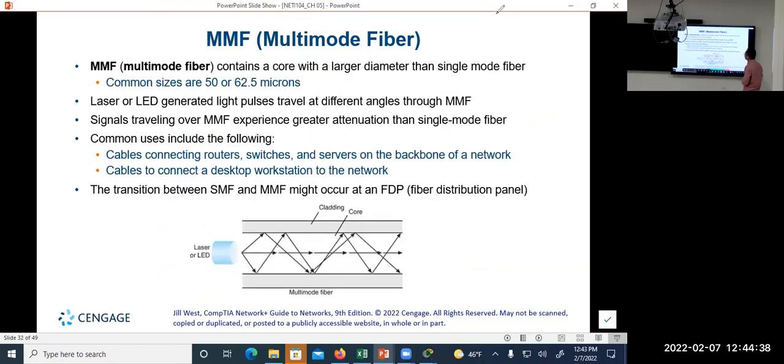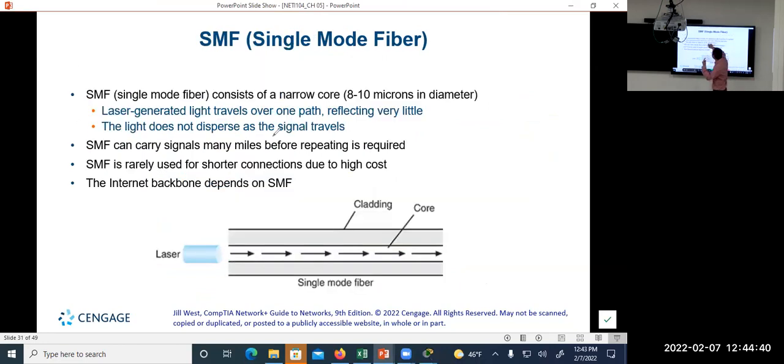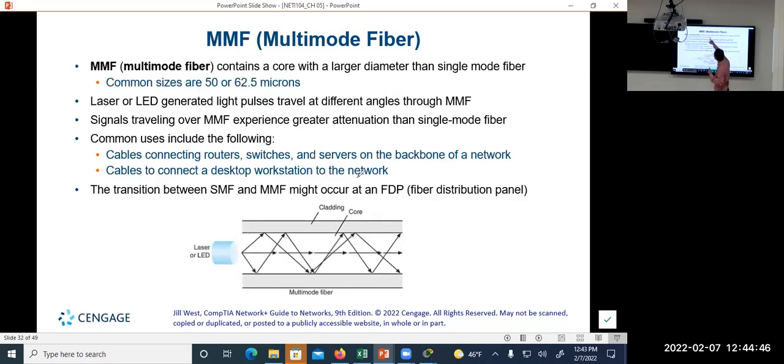Now, in single mode the core is only 8 to 10 micron, but in multi-mode the core is bigger, 50 to 62.5 micron. For the shorter links, you can use a laser or a light emitting diode to generate light that travels at different angles.